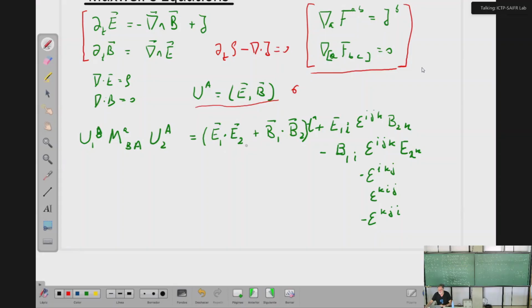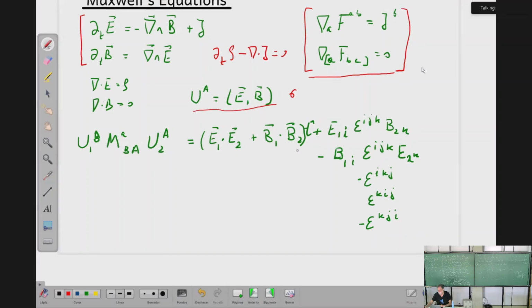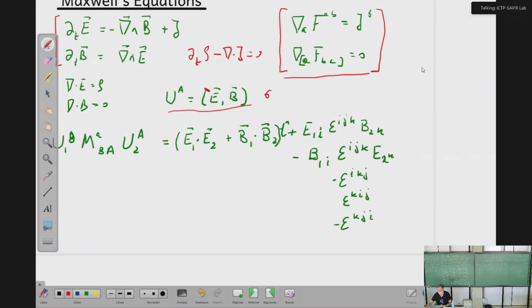From this part, this is the identity, so you get just the scalar product of E1 and E2 and B1 and B2. And then from these curls, you are contracting this with the curl here, and the curl, we leave the index free, this is the derivative index, the J. So we contract with the J index here and the K index here. And from here you get the minus B1 here and the E2K here.